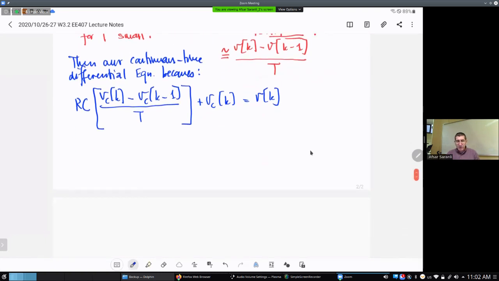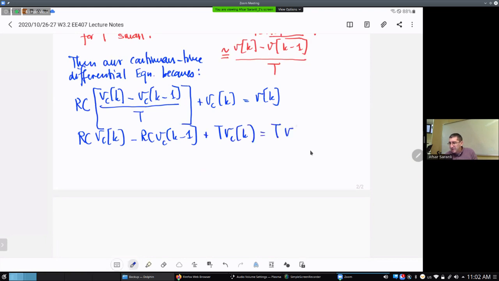Let me write that down. Let me multiply by T. So I have RC Vc at k minus RC Vc at k minus 1 plus T times Vc at k has to be equal to T times V at k.